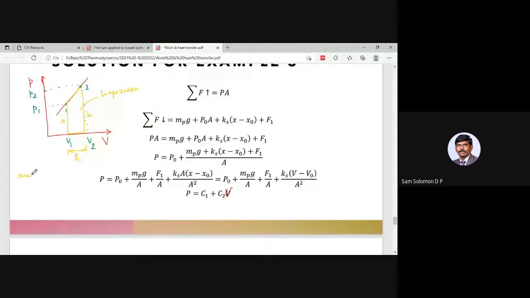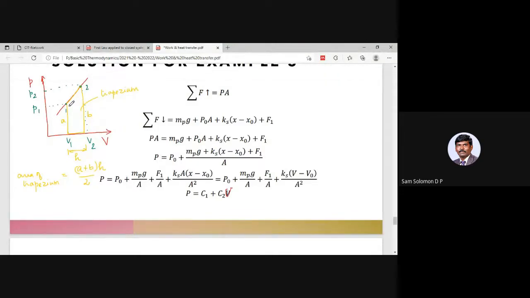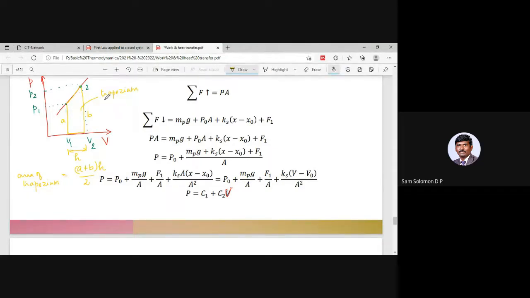You can refer to standard textbooks, or Google it, and you will find the area of the trapezium is (a plus b) by 2 multiplied by h. So this area under the curve is nothing but the area of a trapezium.